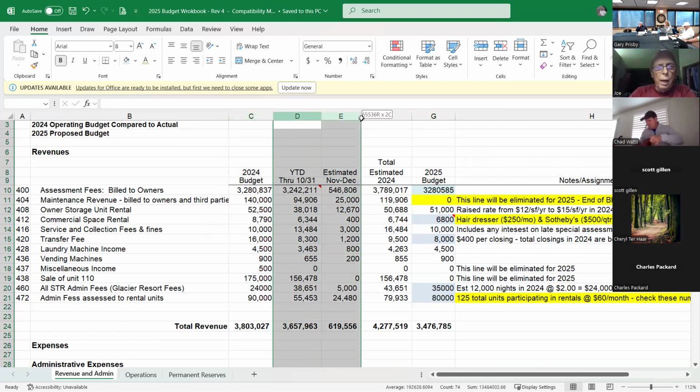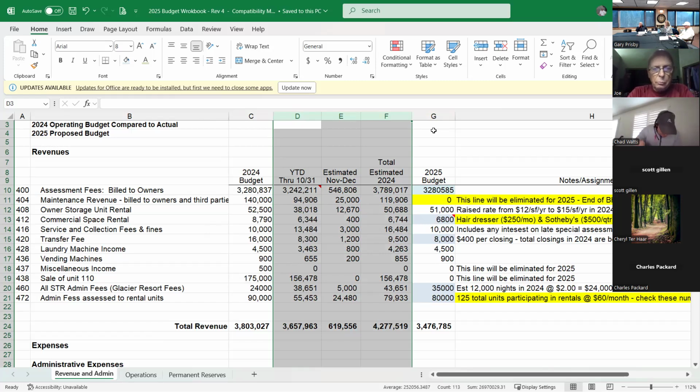These middle three columns, D, E, and F, represent 2024 actuals. Column D is year to date through the end of October, and then what we estimate will be either revenue realized or expenses paid for November and December. Column F is the estimated total.